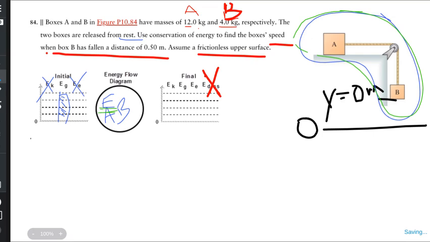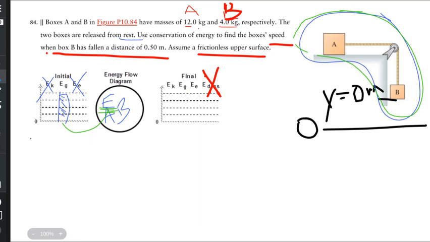We included the Earth in our system, and we did that purposefully because the gravitational potential energy here is associated with that energy. And so there are no other forces that are acting on the system that are outside of the system. Okay, and so after a certain amount of time, the block B has fallen.